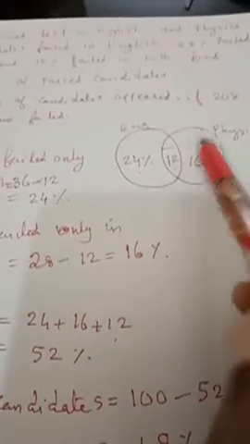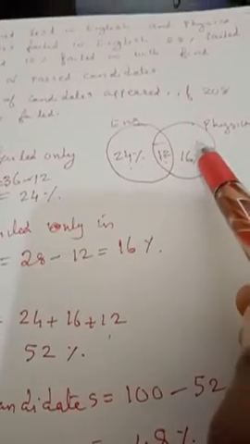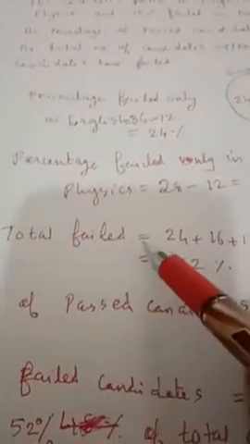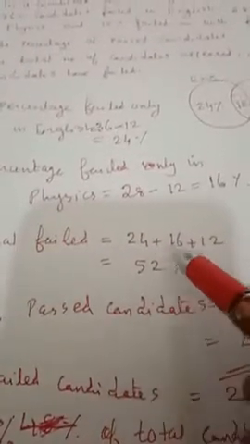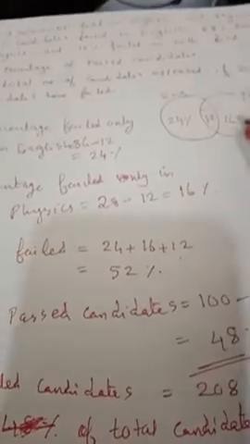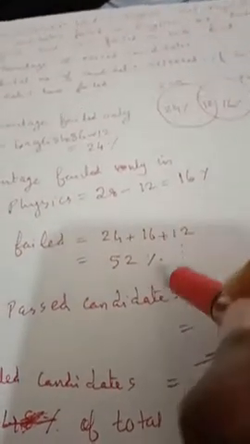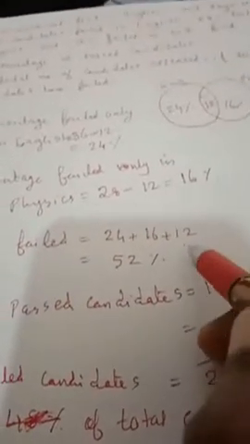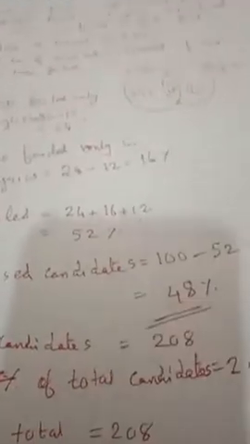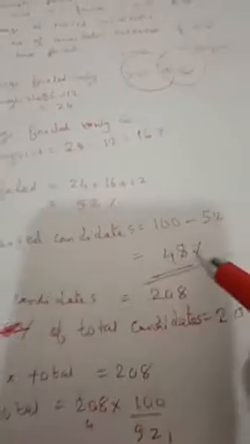Failed only in physics is 28 minus 12, that is 16. Now total failed percentage is 24 plus 16 plus 12, that is 52 percent. Then passed candidates is out of 100, so 100 minus 52 is 48.